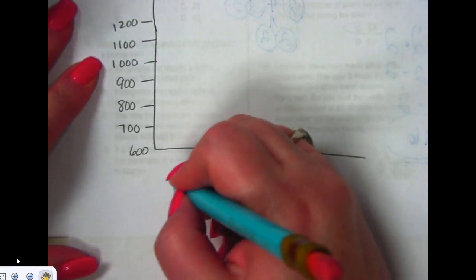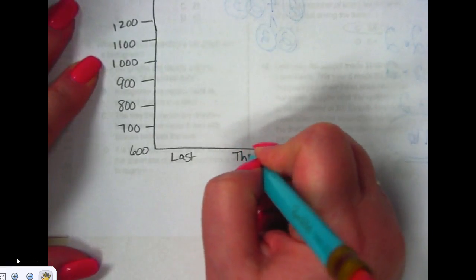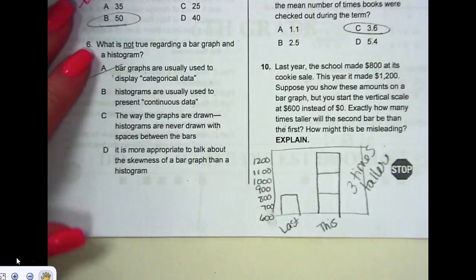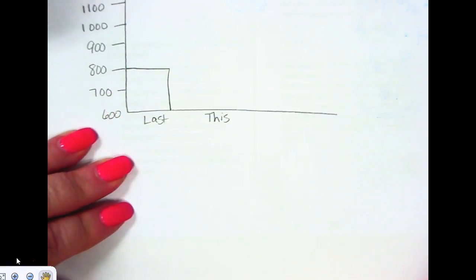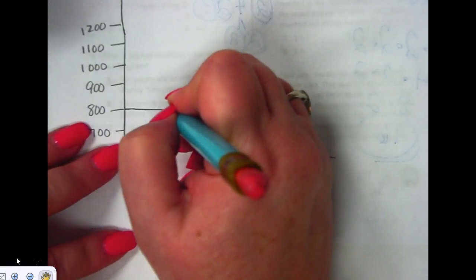And then I'm going to choose last year and this year. So, last year, they made $800, so we just went right here. This year, they made $1,200.